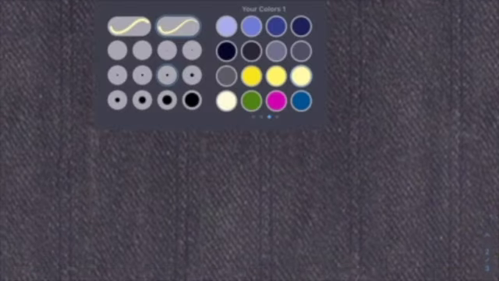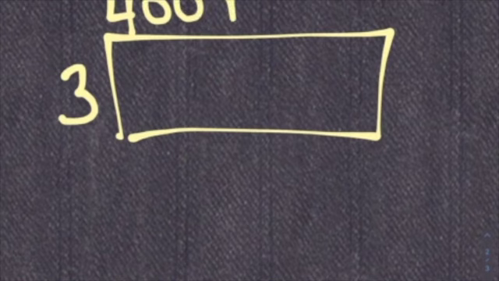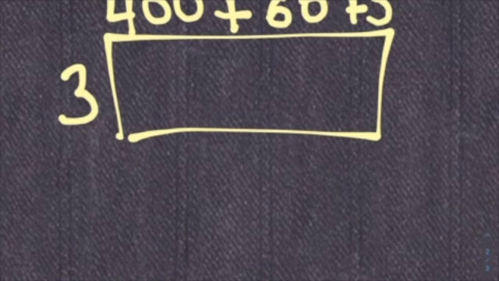All right, next problem is a multiplication problem. It says 3 scientists each had 465 pieces of matter. Okay, so this is a basic multiplication problem. I'm going to create an area model here. 3 times 400 plus 60 plus 5.